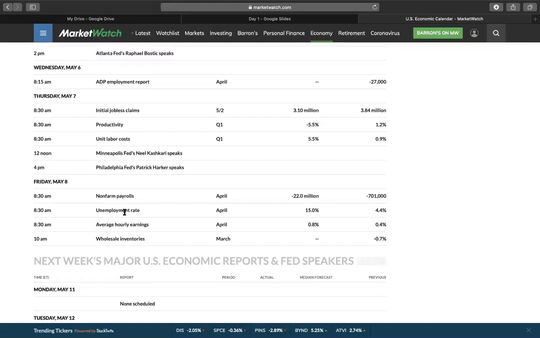I will not hold it at all. I want to see what happens after the numbers, and then maybe I'll re-enter those calls, or maybe I will end up not even going calls now because the numbers are so bad and the market's reacting so harshly that everything is just dumping. Then maybe I'll go buy puts to swing now.